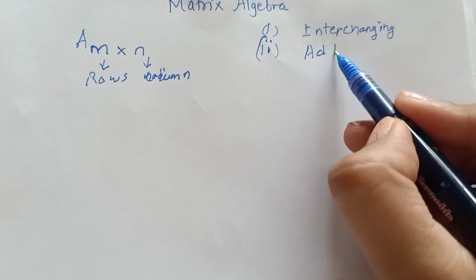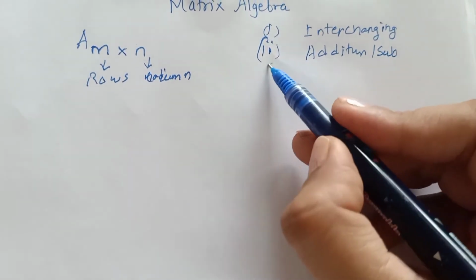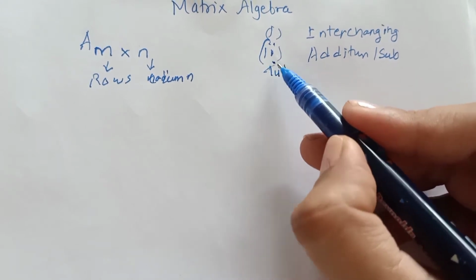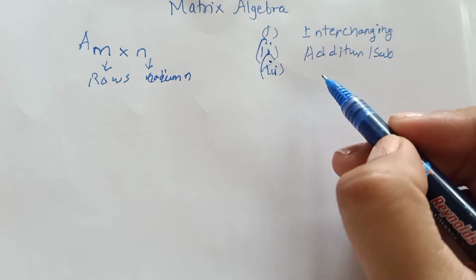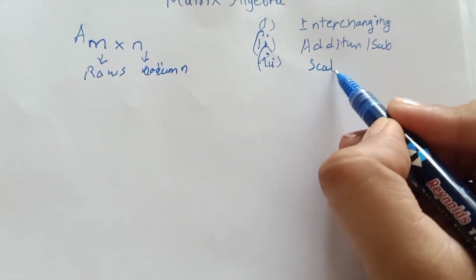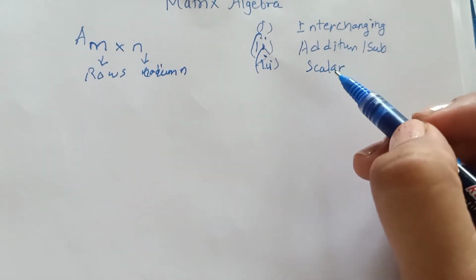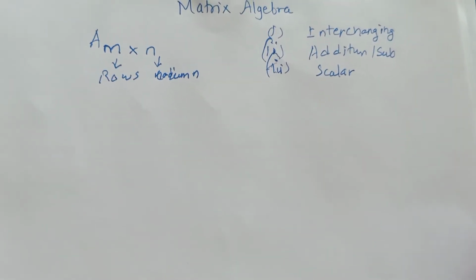So addition or subtraction of rows. Next, third basic elementary operation is multiplication with the scalar to any row or column. Scalar multiplication.